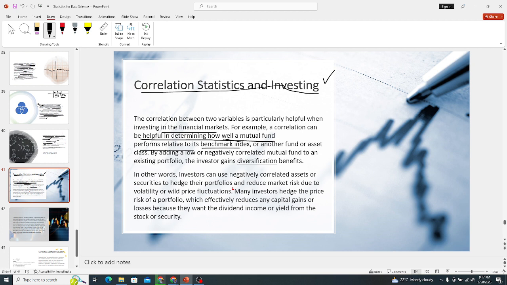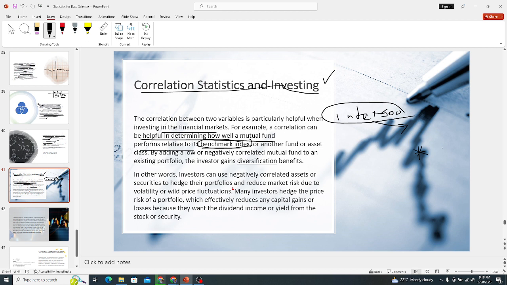Remember, I talked about this benchmark index, like the S&P 500, which is a combination of more than 500 companies, each with a specific share price. So you can benchmark a certain share or a certain asset's performance against it.